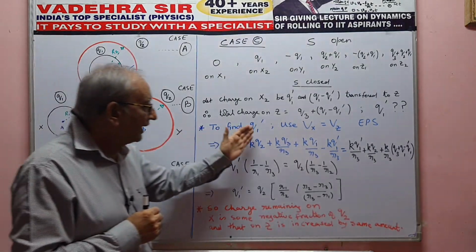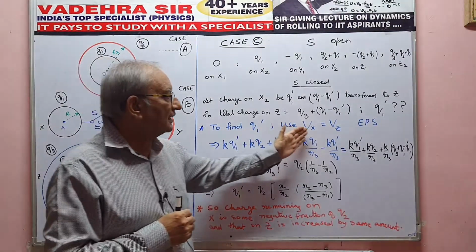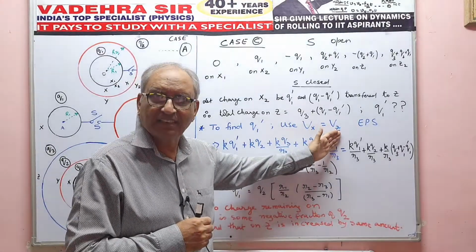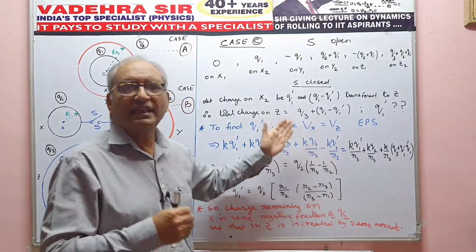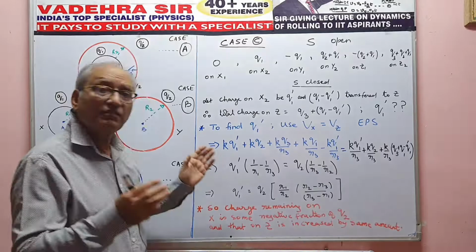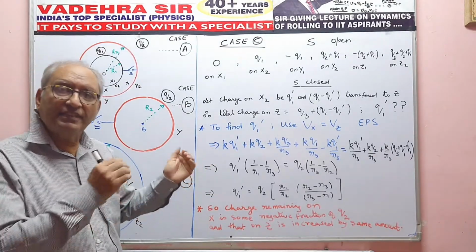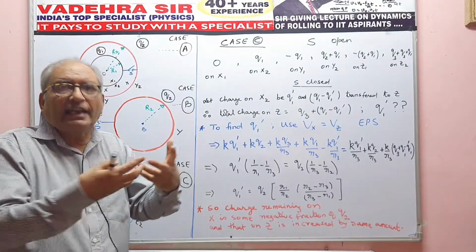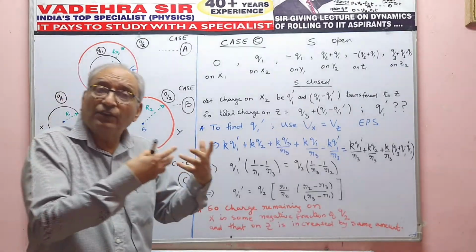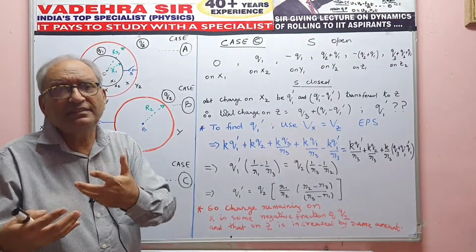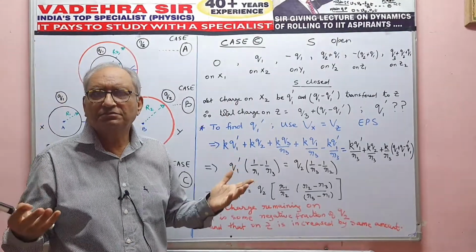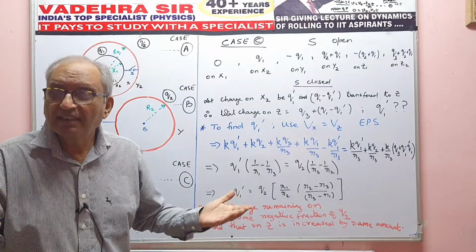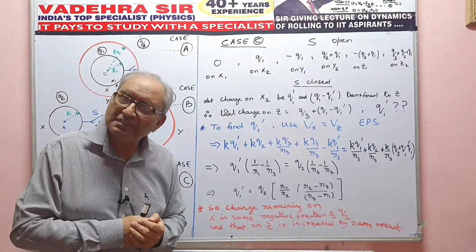To find Q1 dash, we will use the condition Vx equal to Vz, because both of them will now be at the same potential. I find Vx, I find Vz, and I equate the two. And in order to find Vx as well as Vz, I use the standard SPP, the superposition principle.